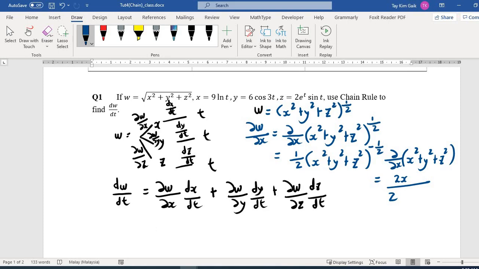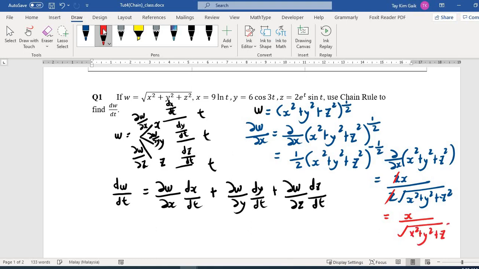So power negative half brings to the denominator, and you have x squared plus y squared plus z squared. And then you cancel 2 and half here. So lastly, for del w del x, you get x over square root of x squared plus y squared plus z squared.